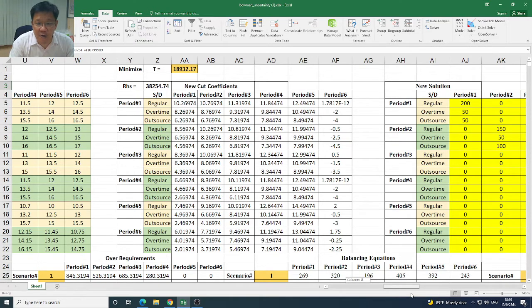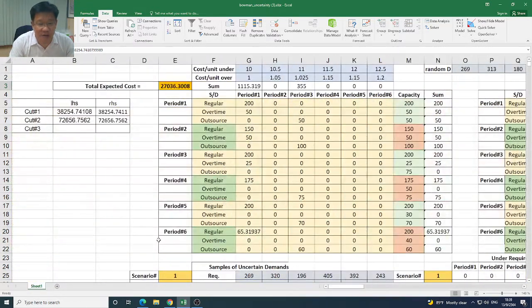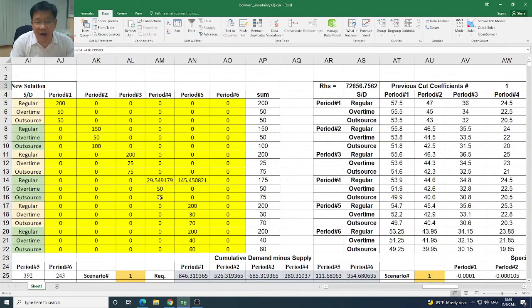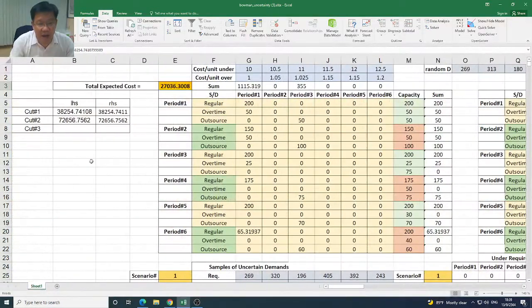But you have to make sure that you move this to this. I'm not going to move cut 2 anymore; cut number 2 already has the right formula with this new solution. But you want to move cut 1 to cut 3 instead.